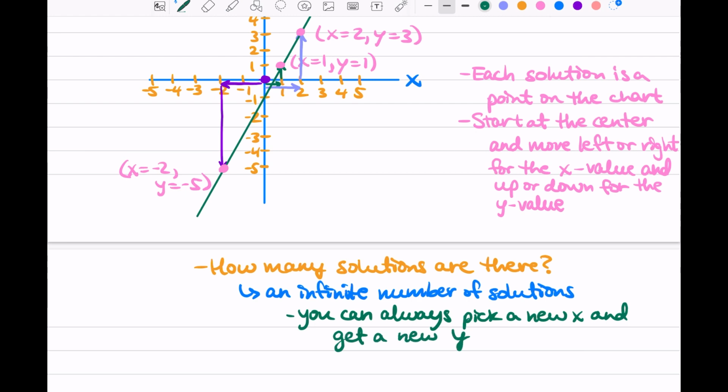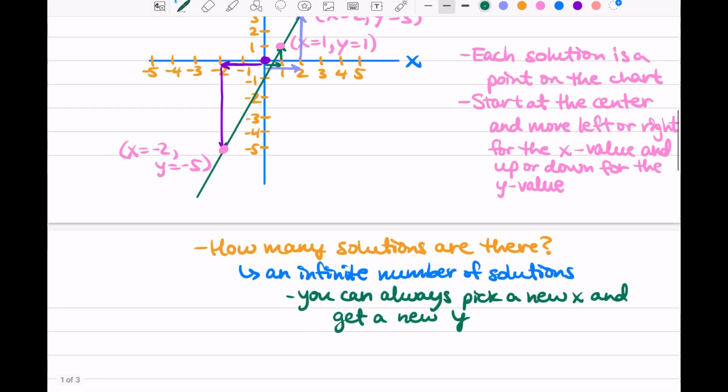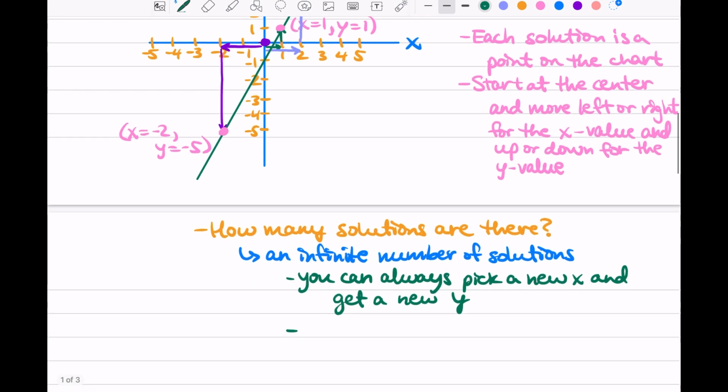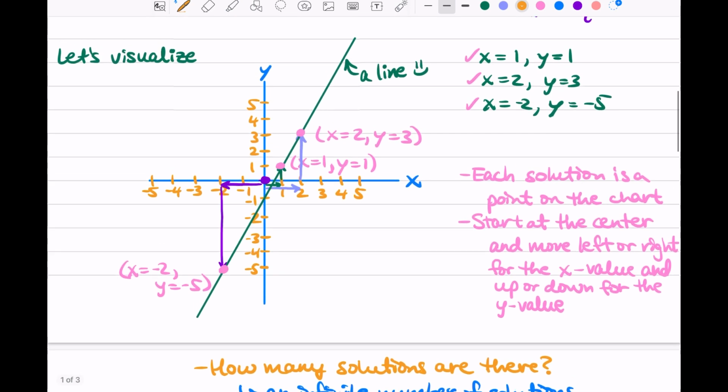And here's the drum roll moment. As we said, we looked at each of these as a solution. And if we consider all the solutions, we form the line. All of the solutions form the line.